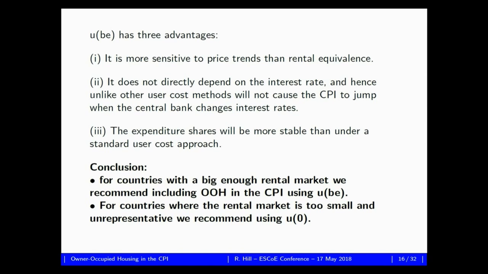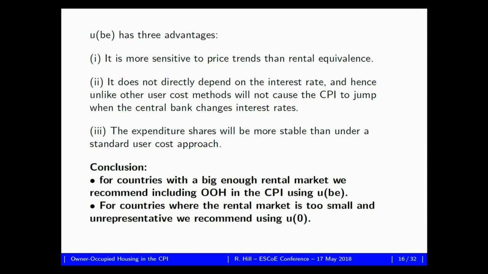It also won't depend on the interest rate. This is one objection central banks have to the user cost method. If inflation is going up, so the central bank wants to raise interest rates to try and get inflation down again, you don't want the first thing that happens to be that when you raise interest rates, the CPI immediately jumps upwards. And that can happen, depending on what interest rate you use.